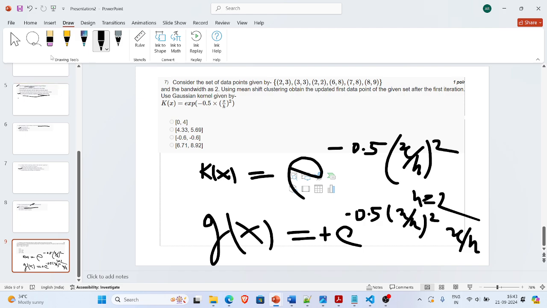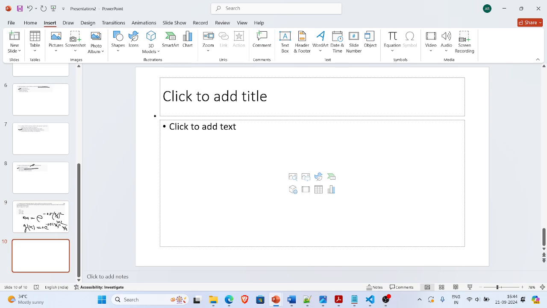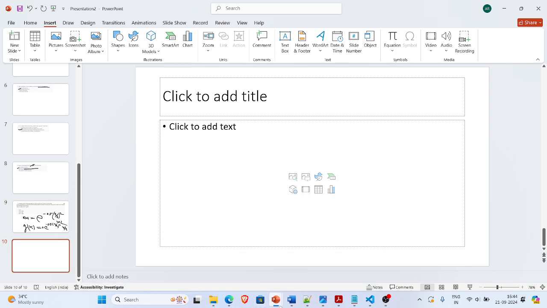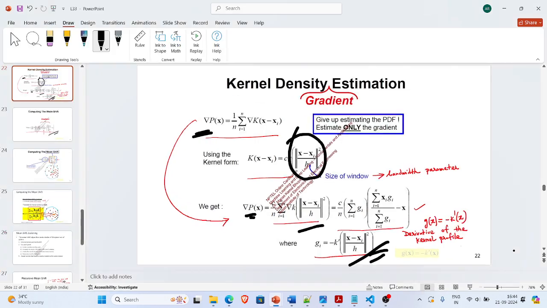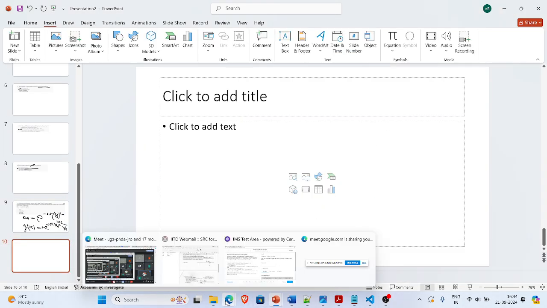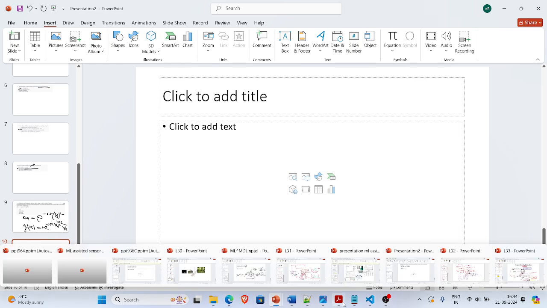Next, we have to calculate this one. So let's see the equation. This L2 norm square is required, which is the square of the distances. First we need the initial value of the centroid. If nothing is given, we take the mean of those points.